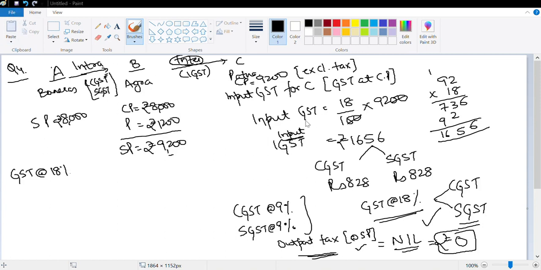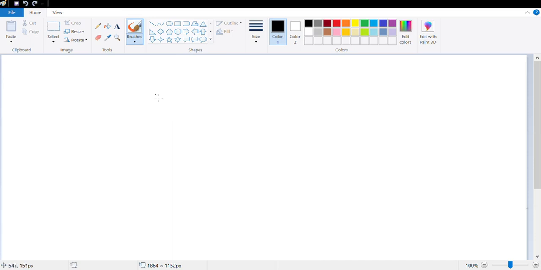The next question that we solve is question number 5. So let's look at question number 5. Question 5 says a dealer A in Meerut, UP, supplies goods worth 15,000 to dealer B in Ratlam.